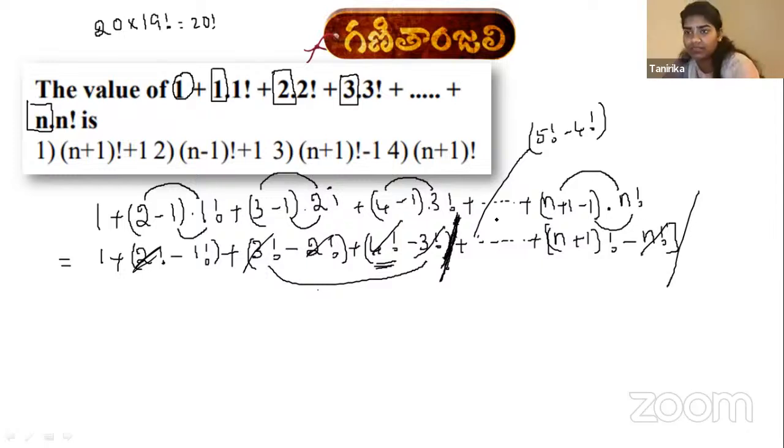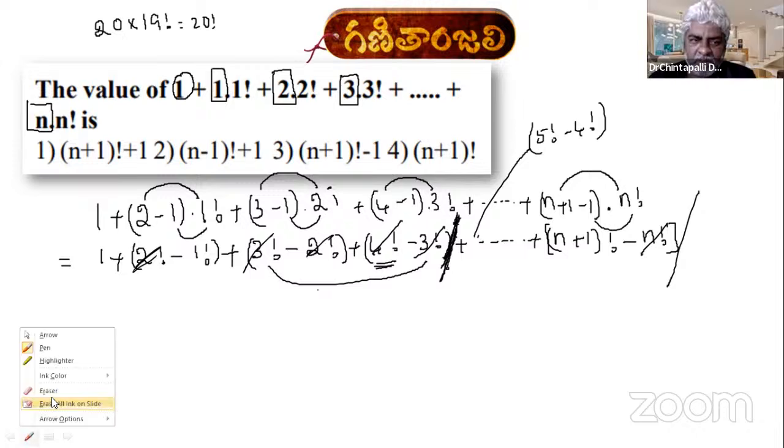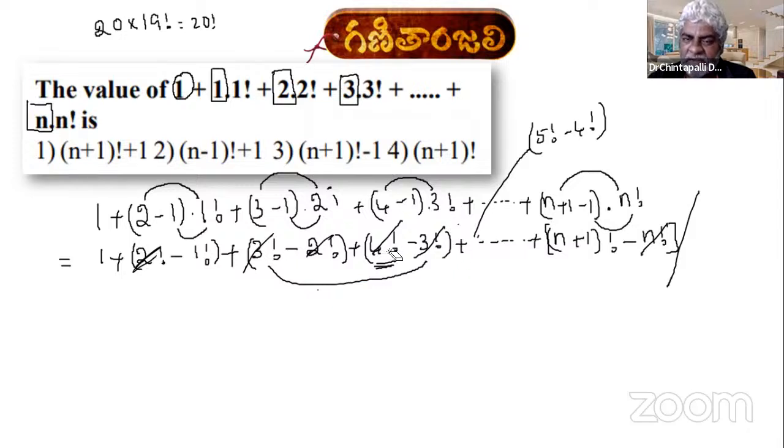We use it just for example. It is not end here, right? If you continue, 4 factorial must cancel, because there are terms after this term. That's why 4 factorial cancels.